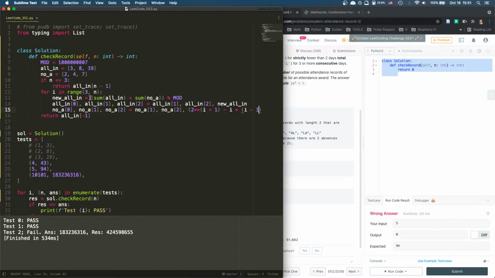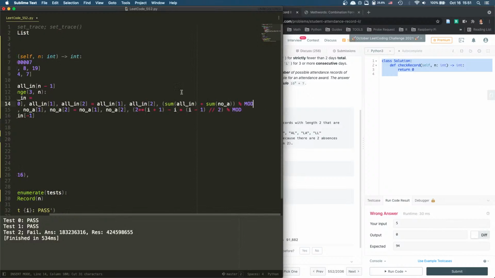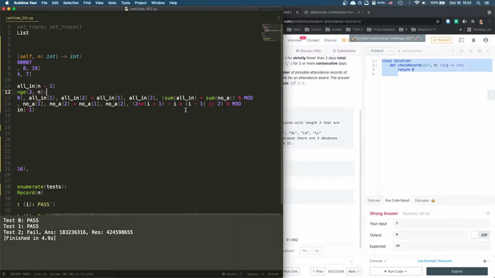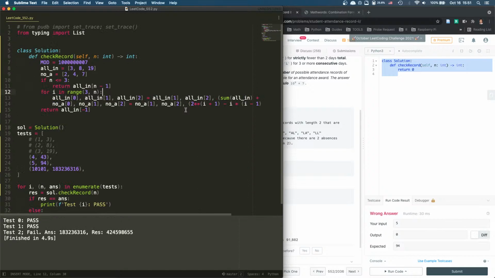Why is that? I think we can also put this one here. I think it's possible to do it this way. Wow.